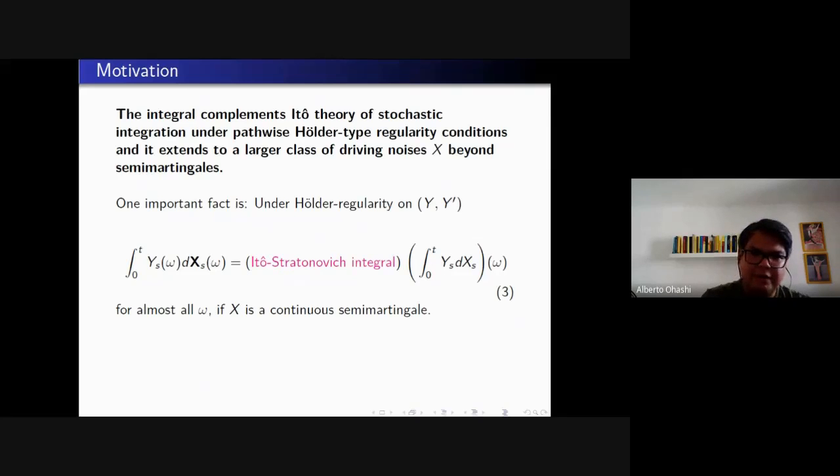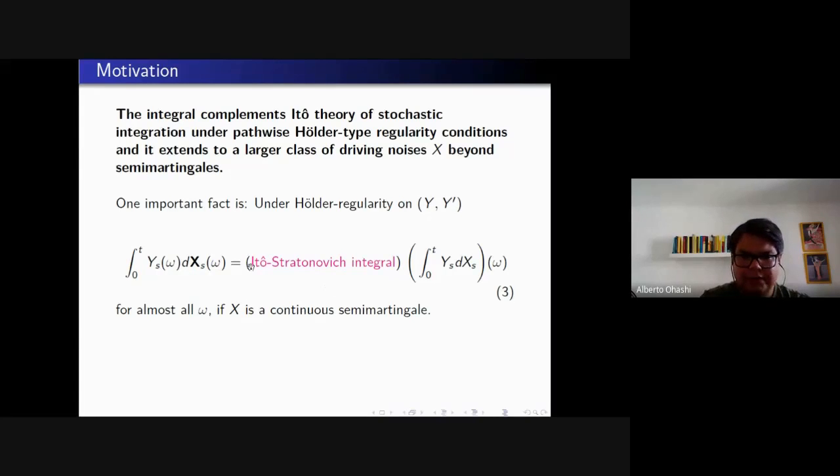The semimartingale is a typical type of process in stochastic analysis that people use in applications in many kinds of engineering, in biology, in physics, and so on. So the important fact here is that under Hölder regularity on the couple Y and Y prime, this rough path integral coincides with the Ito-Stratonovich integral.